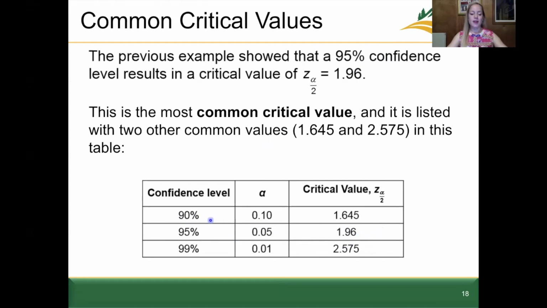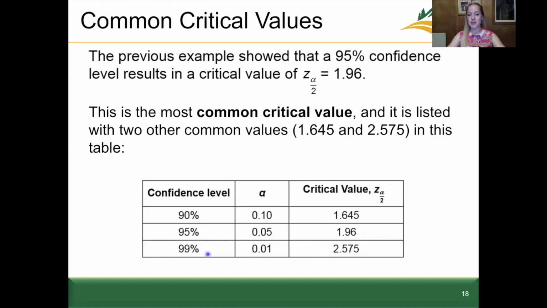If we're dealing with a confidence level of 90% or 99%, these are also common critical values that you can either memorize or have handy when doing practice problems or during an exam. For example, 90%, that corresponds again to that alpha value of 0.1. If you went through the same process we just did, you would get a critical value of 1.645. In the same respect, with a confidence level of 99%, that corresponds to an alpha value of 0.01.